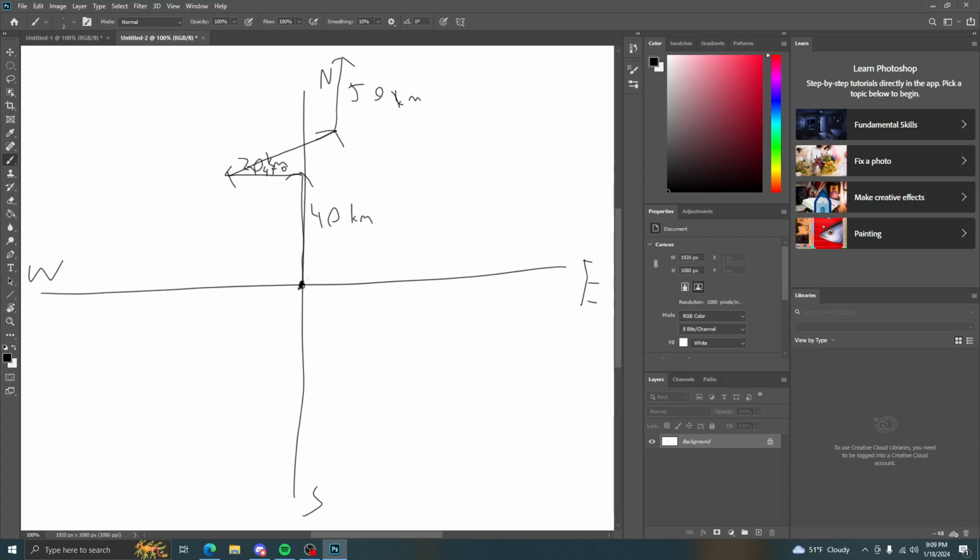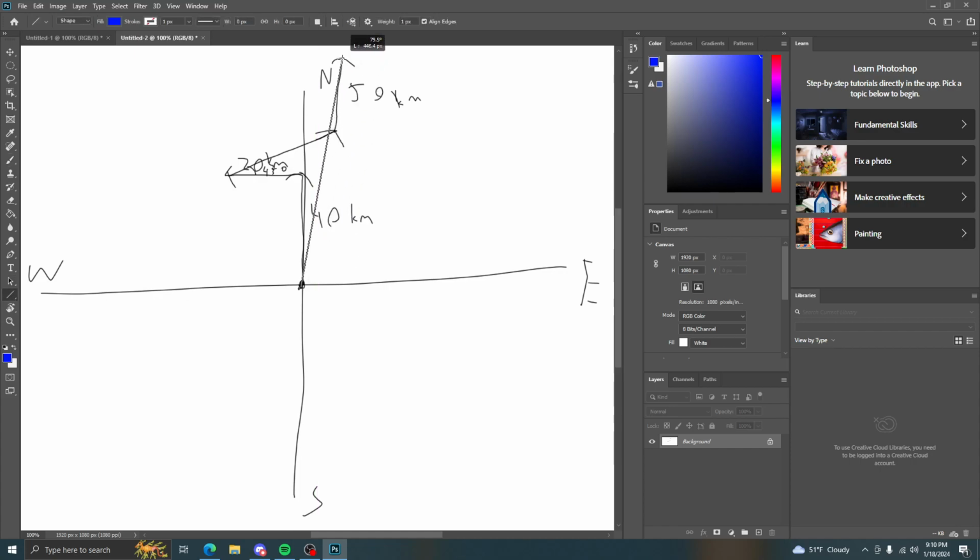This is slanted because I'm drawing with a mouse, but it's meant to be straight. Then you can just draw the vector, which goes from where you start to where you end. I'll get the line tool.